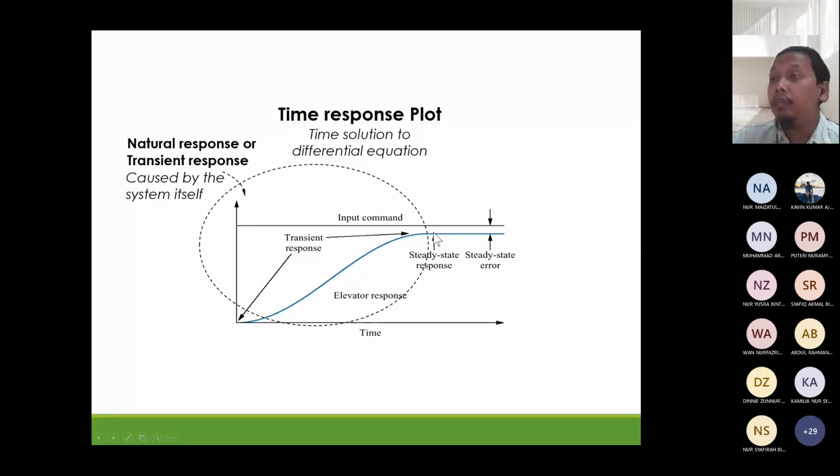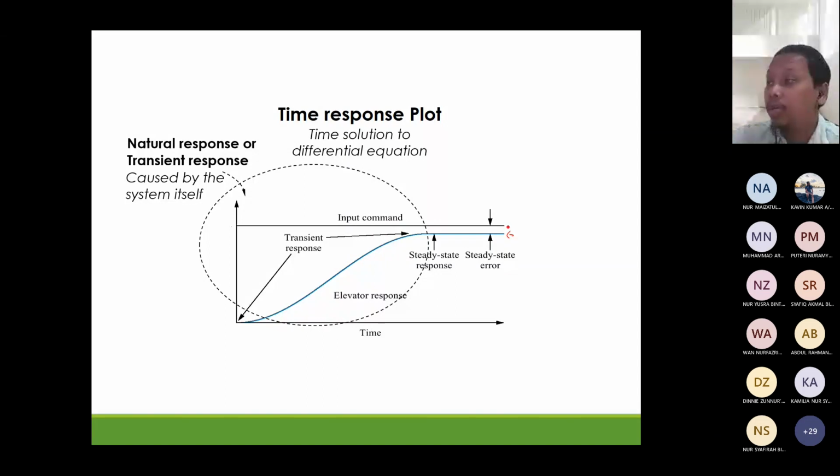But in real life, our system will not behave as we want. It will not reach this black line, but it will reach some steady state value, in this case this blue line here.